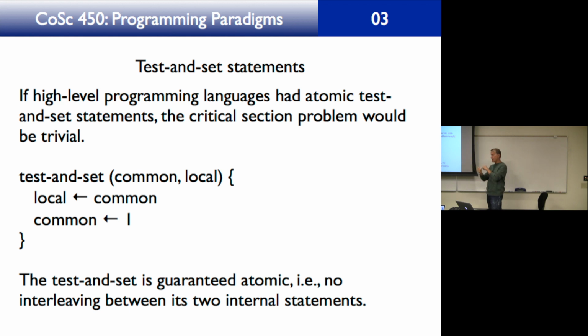So it gets its value and it sets it, but the operation is indivisible. You ask a good question: how is that testing it? Let's take a look at how it's used. But do you understand the semantics of this instruction? It's in one atomic operation, no interleaving.